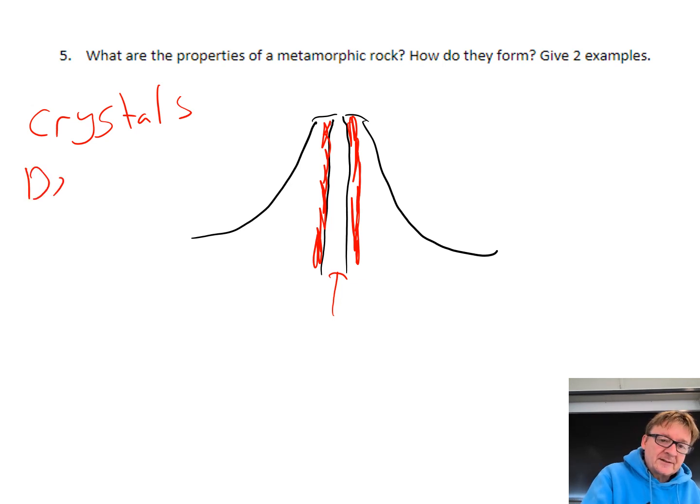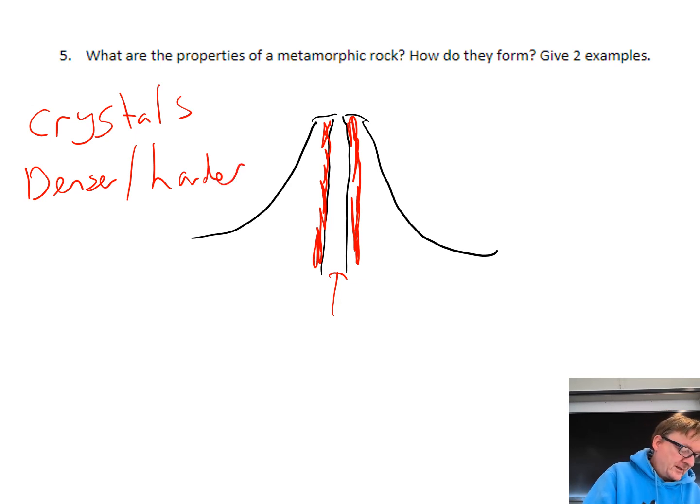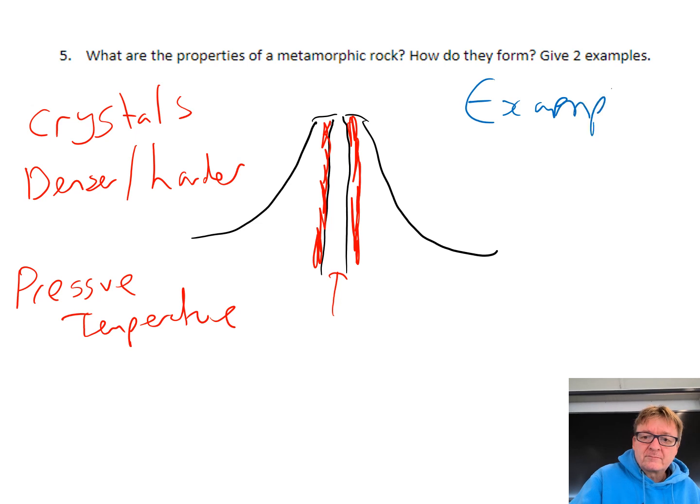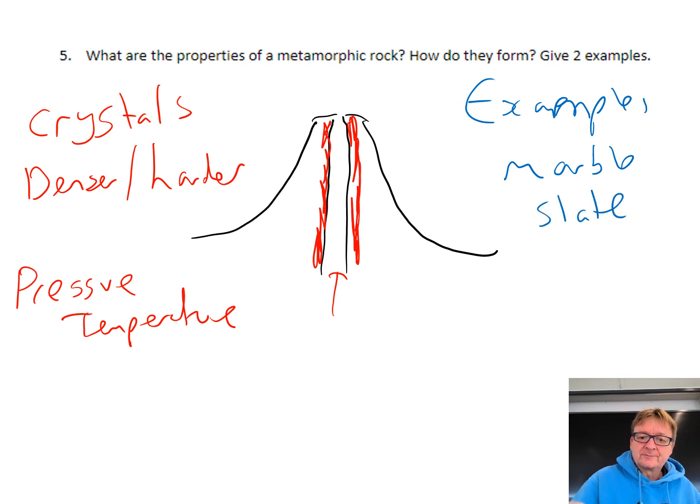It is denser and harder than the other rocks. It is formed by huge pressure and huge temperatures. And the best examples are marble and slate.